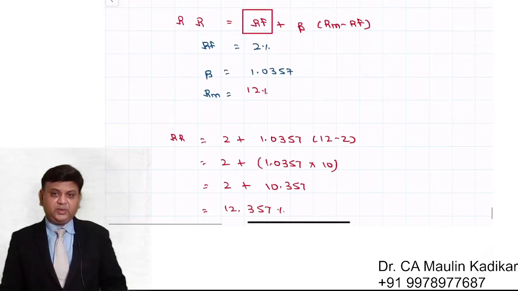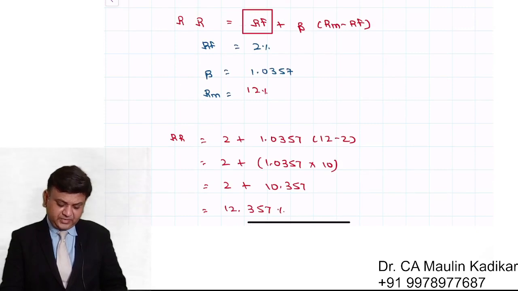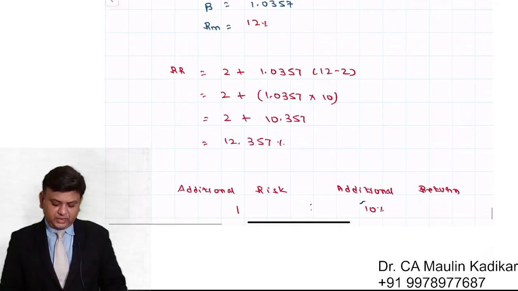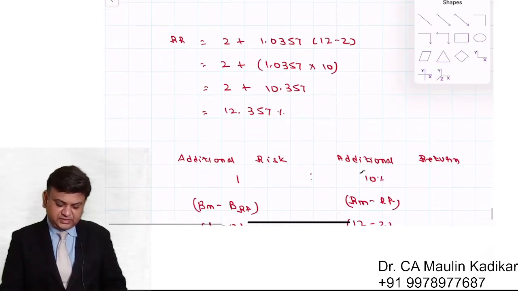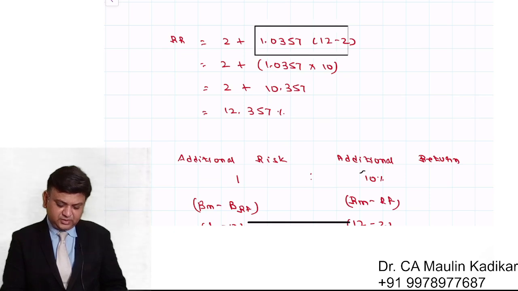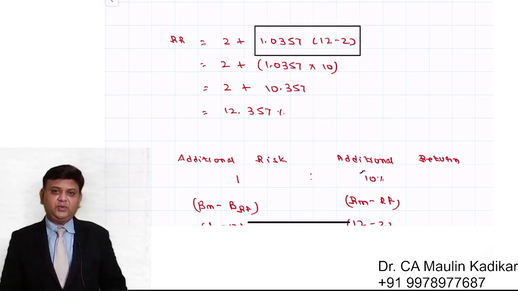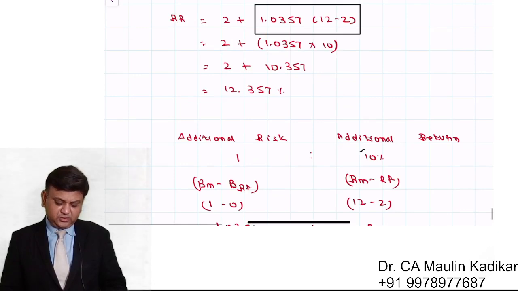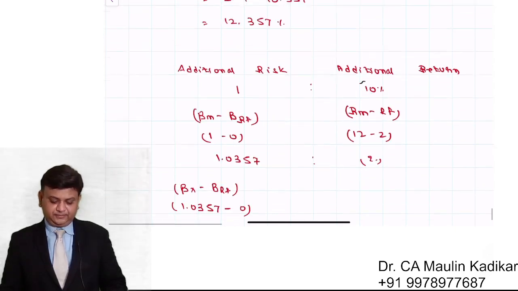So here, how do we find the required rate of return? It is risk-free rate of return plus the additional return required, that is beta into RM minus RF. So beta is 1.0357 into RM minus RF. This is the additional return required over the risk-free rate of return. So the overall required rate of return comes to 12.357. That is what we understand.